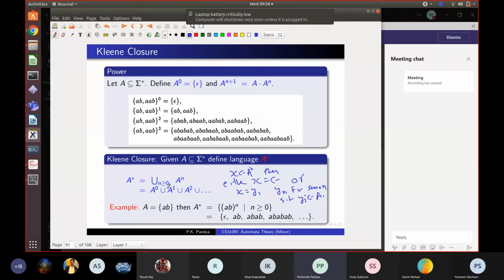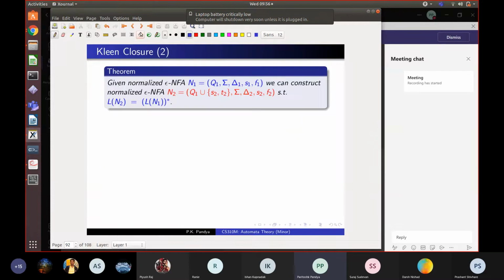This is the defining property of the Kleene closure. So this is the second case that we have got.